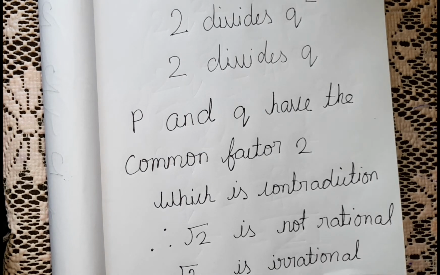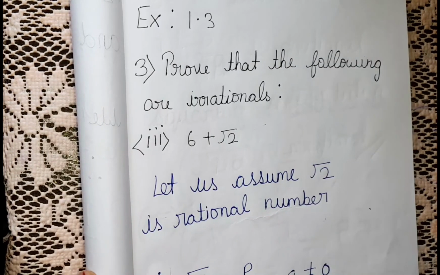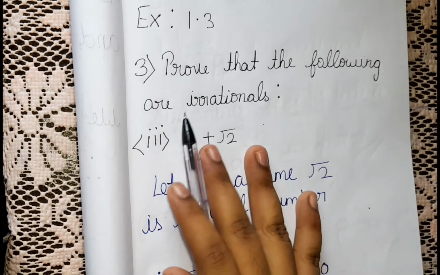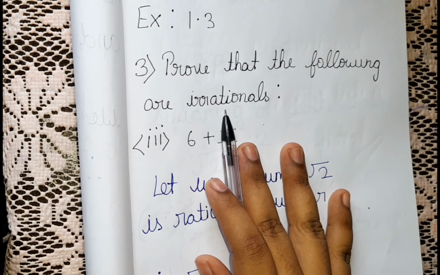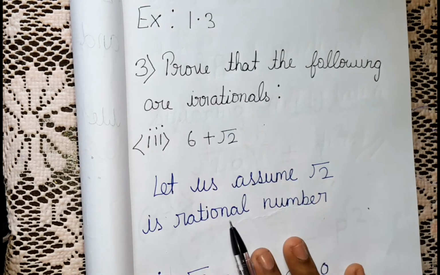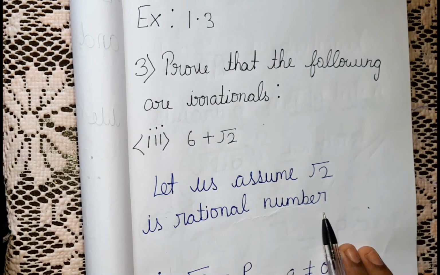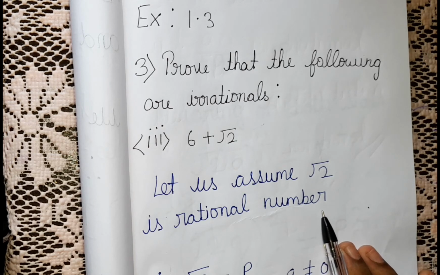Now let me explain the meaning of contradiction and why we wrote that. Contradiction means that in the question we are supposed to take irrational, but instead we took a rational number. You might ask, why did we take a rational number?